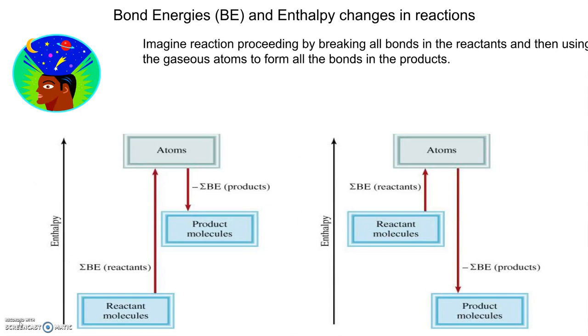So how do we calculate bond energy? Well, bond energy, affectionately known as the backwards equation to Hess, is where we take the bonds broken, aka reactants, minus bonds formed, aka products.